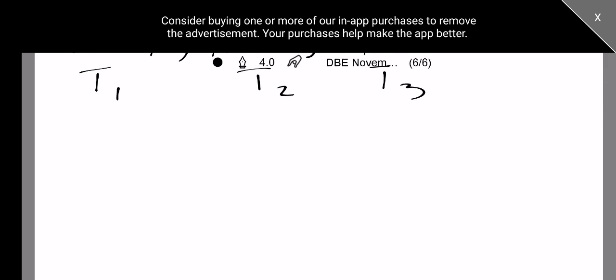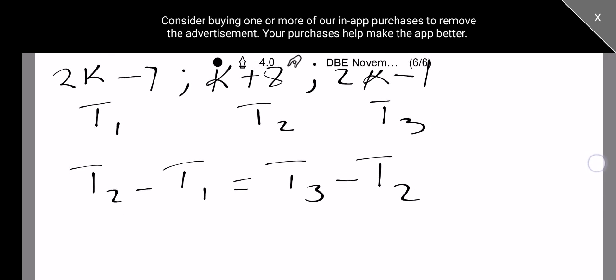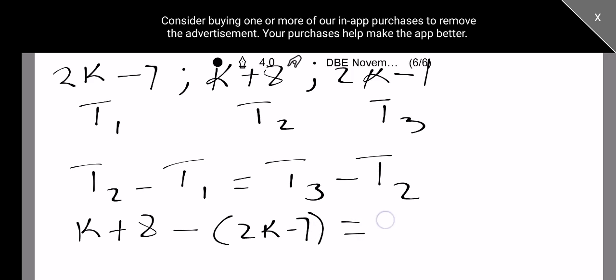They've told us so. For arithmetic sequences, t2 minus t1 equals t3 minus t2. Now we're going to have k plus 8 minus (2k minus 7) equals 2k minus 1 minus (k plus 8).